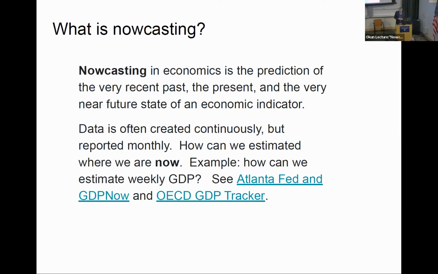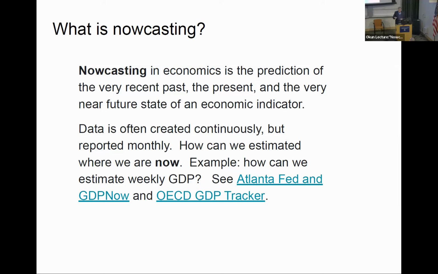One thing that's become very popular, and I'll refer back to this in a few minutes, is how to estimate weekly GDP. Well, the challenge there is there's no such thing as weekly GDP. That's something of a barrier because you're looking at data that's released on a quarterly basis. But can you run it backwards in some sense and find out what's happening this month or this week?